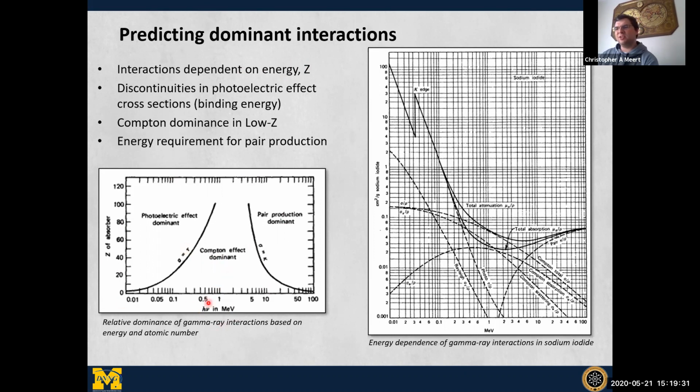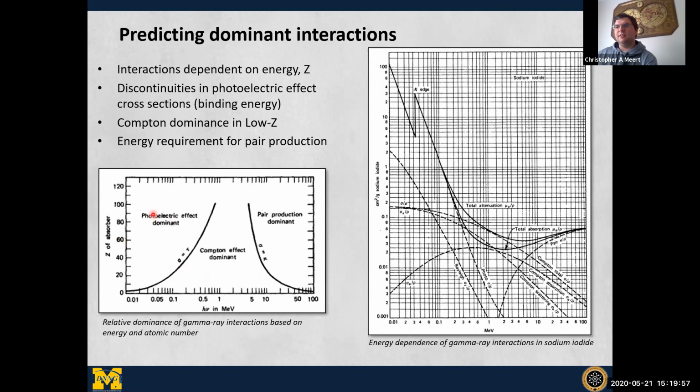Energy is on the x-axis, and Z of the absorber or the material is on the y-axis. You can see how dominant the Compton effect is in a lot of materials. For example, with very low Z materials, like organic scintillators, some being mostly composed of carbon and hydrogen, you might find a very dominant Compton effect.